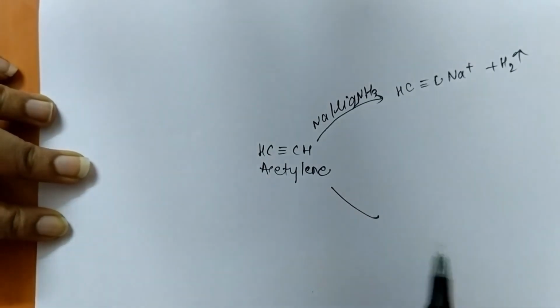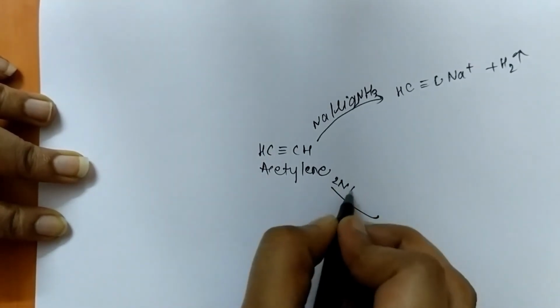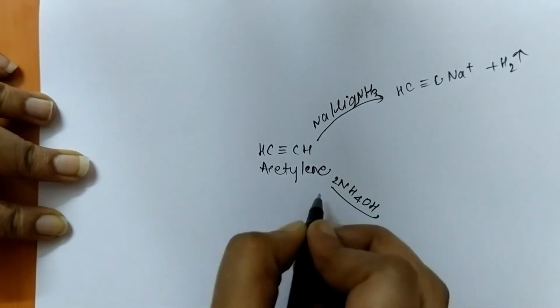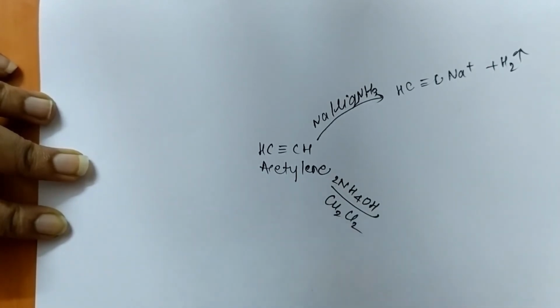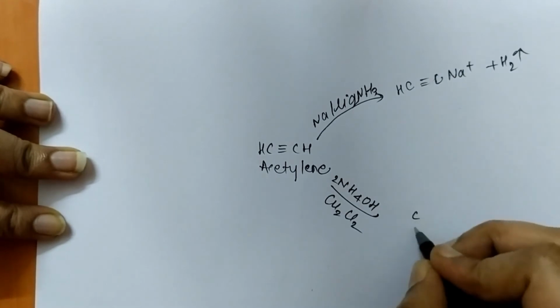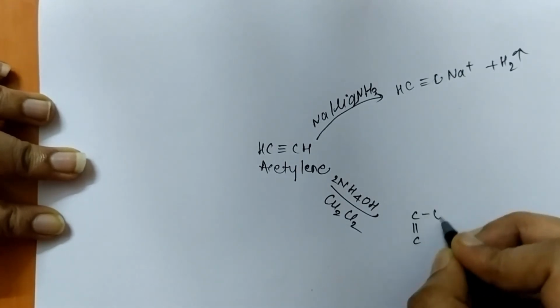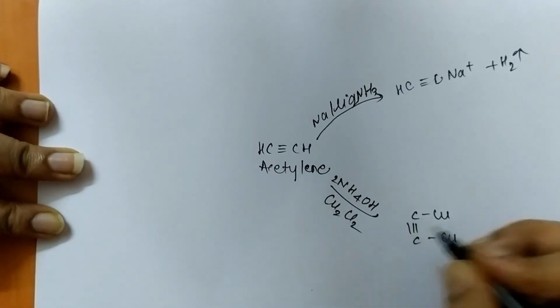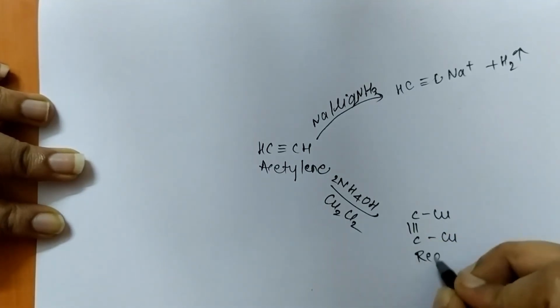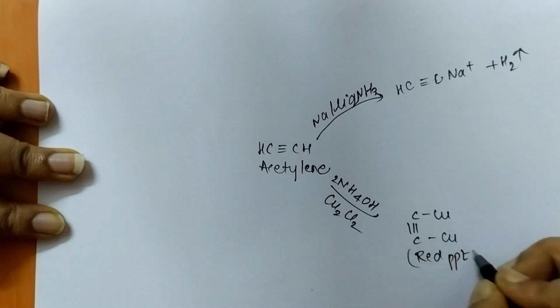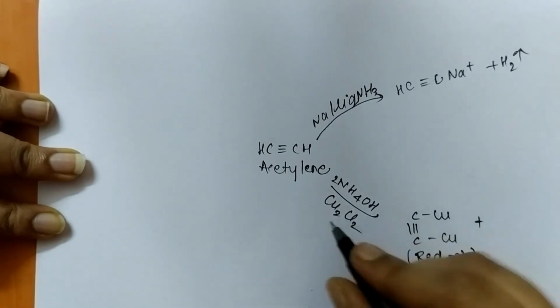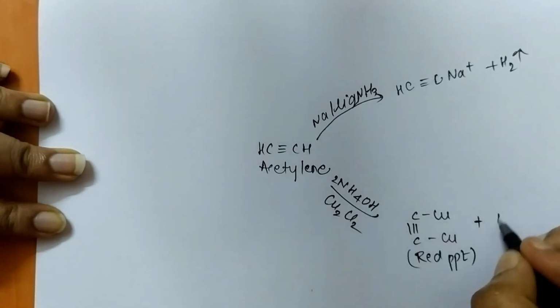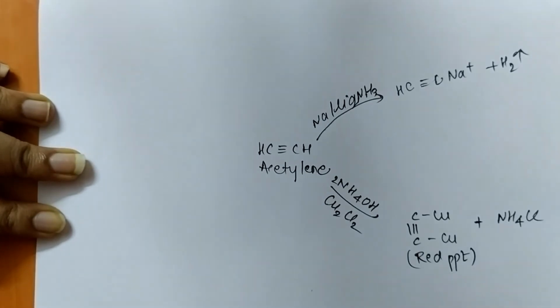Now when this same molecule reacts with two molecules of ammonium hydroxide, in the presence of Cu2Cl2, then we are going to get a compound having two copper atoms. And this will give us a red precipitate. And the byproducts for this reaction are NH4Cl and water.